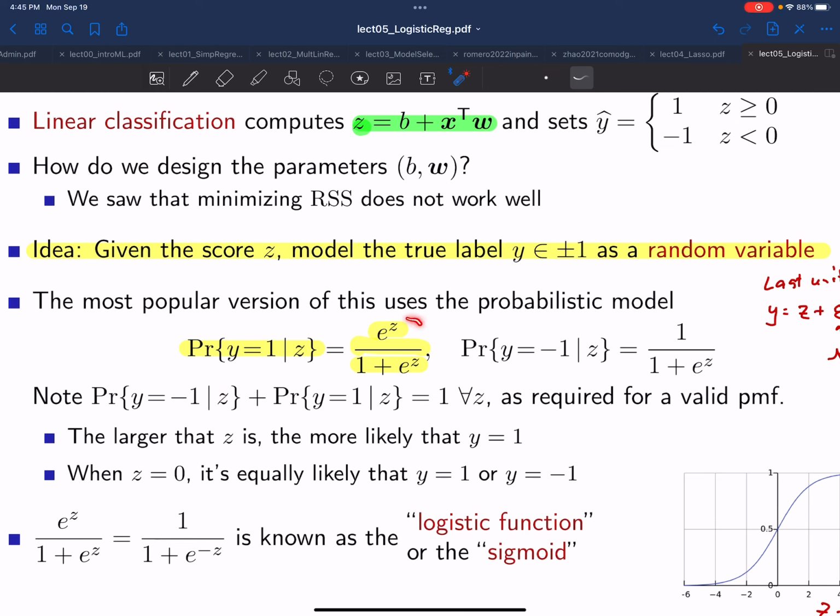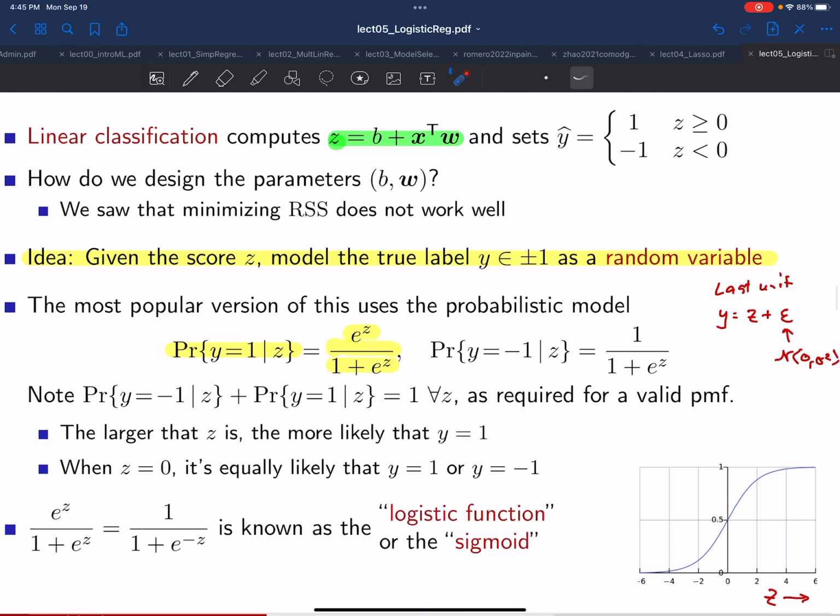So this expression must be 1 minus this expression, and you can verify that that's the case. As we talked about before, this is a picture of this model. As z gets larger, it's more likely that the true label equals 1. When z is 0, it's equally likely to be 1 or minus 1. That's the hardest case, really, to process.